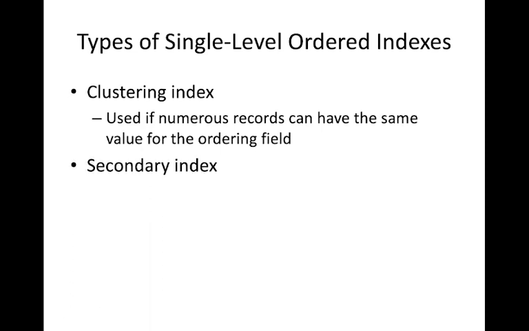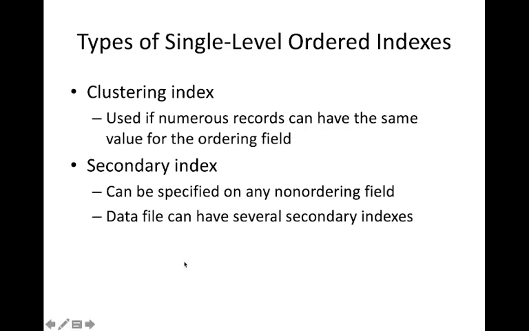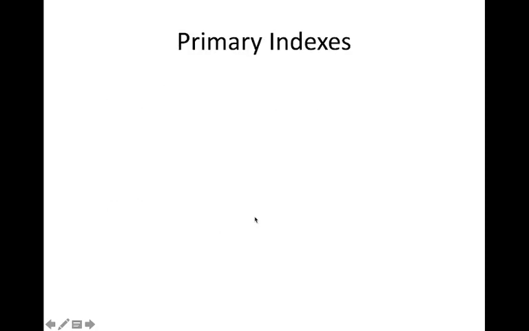We'll see examples and you will understand. Then we have the secondary index. It can be specified for any non-ordering field. Don't worry about all these three indexes. We will see each one separately. A data file can have several secondary indexes also. We'll see all this. First we will see primary indexes.